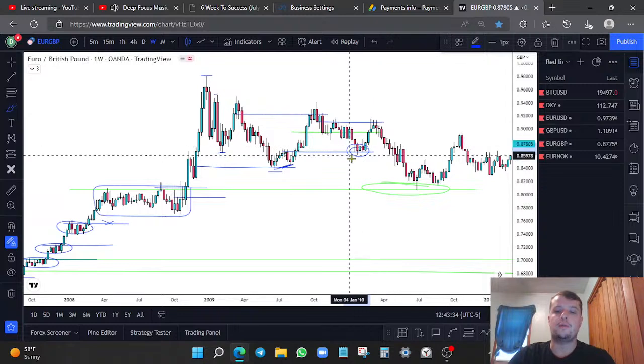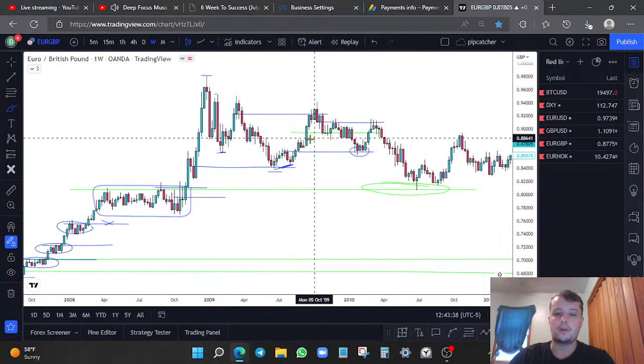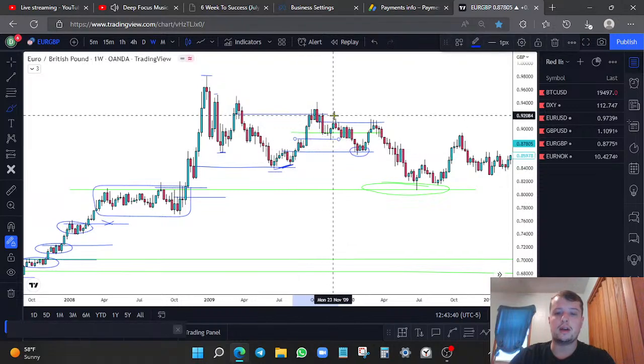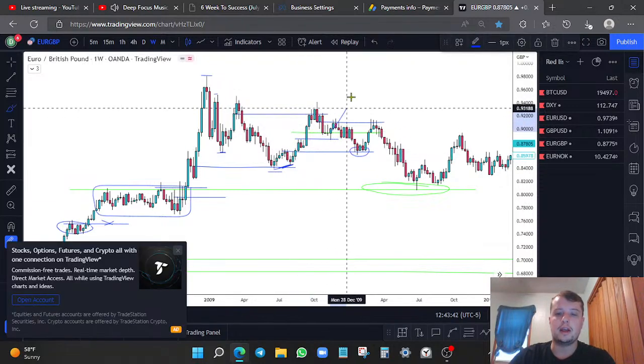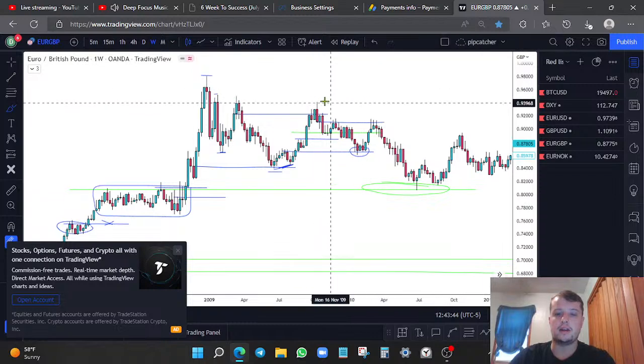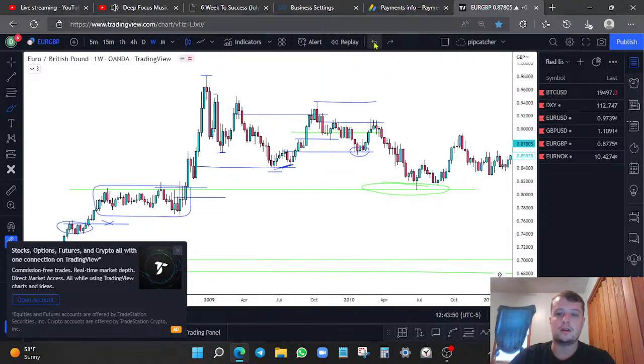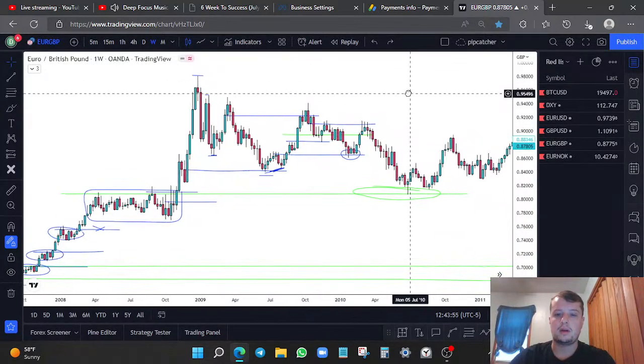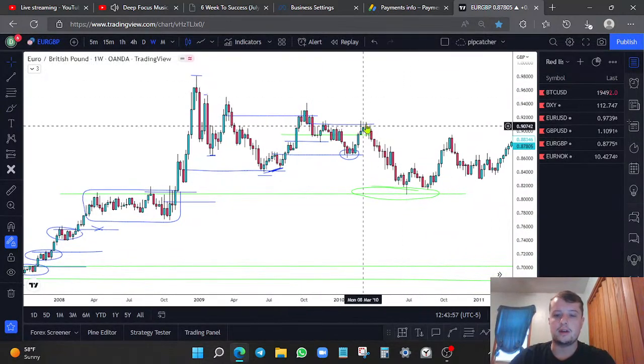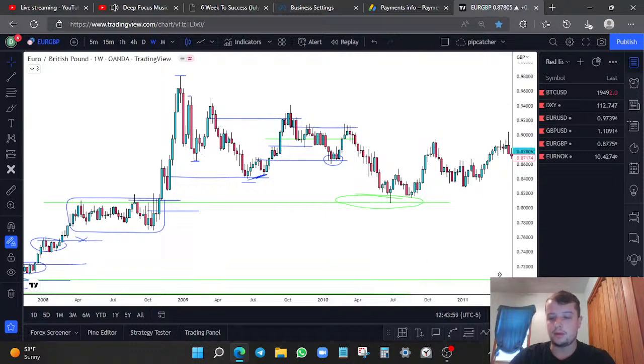So from this area here, from that rejection, or even here, we didn't get any push higher than this area. Didn't get a push higher here, and didn't get a push higher there. So we could be looking in this area here.